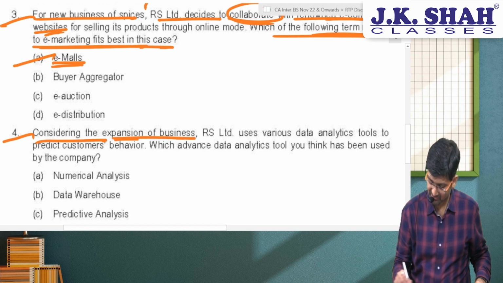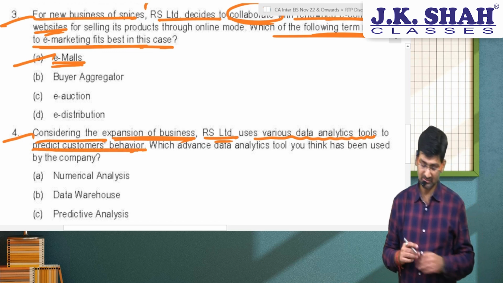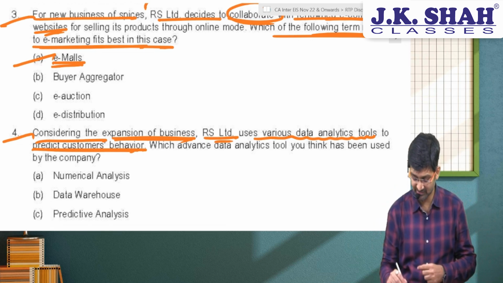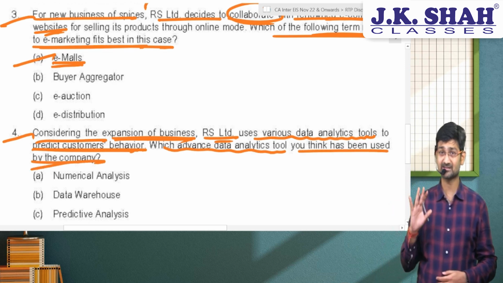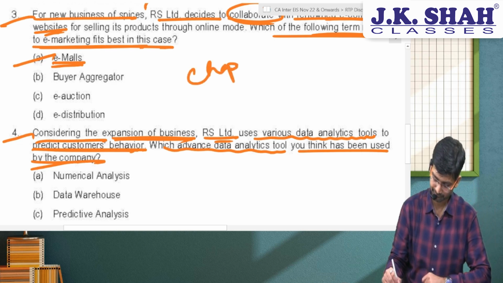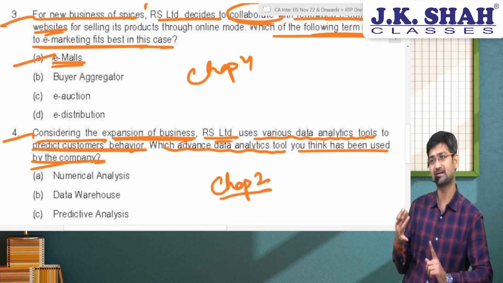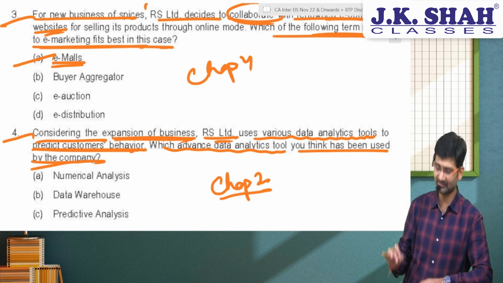Considering the expansion of business, RS Limited uses various data analytical tools to predict customer behavior. Which advanced data analytical tool do you think has been used by the company? Now, advanced data analytics, if you remember, was chapter 2; this was chapter 4. In chapter 2, we had advanced data analytics, data mining, artificial intelligence, machine learning.